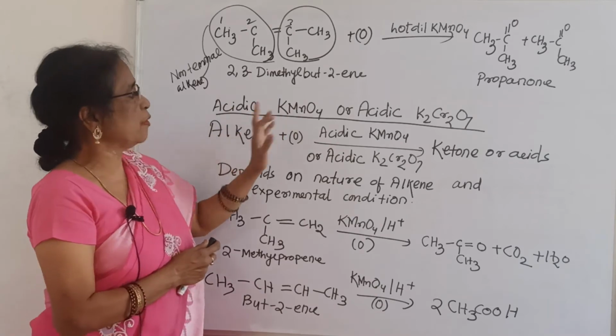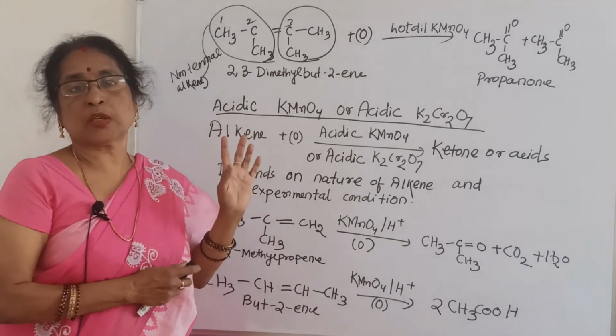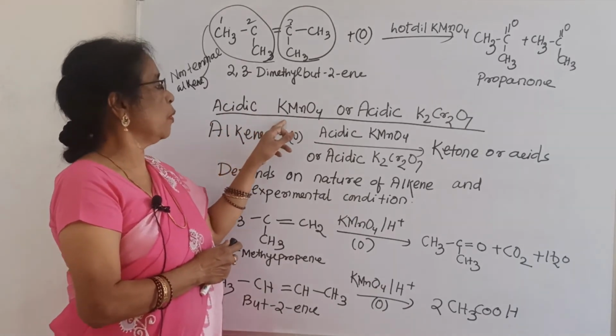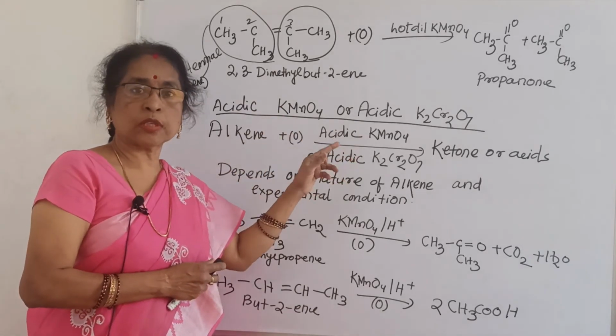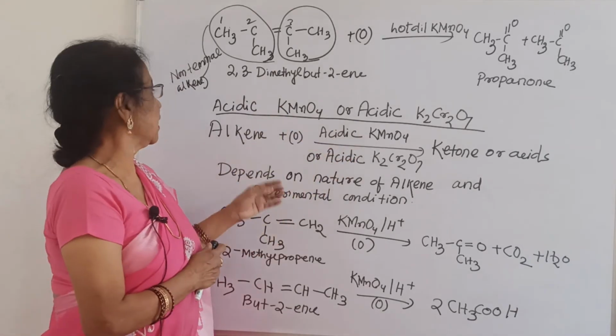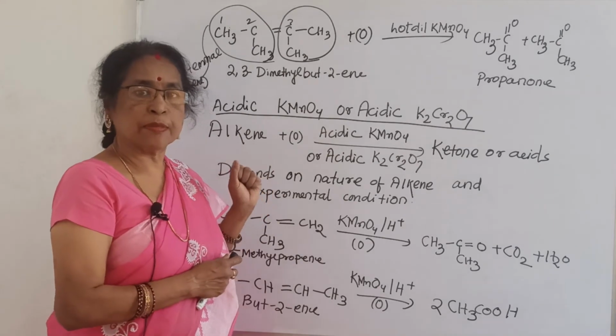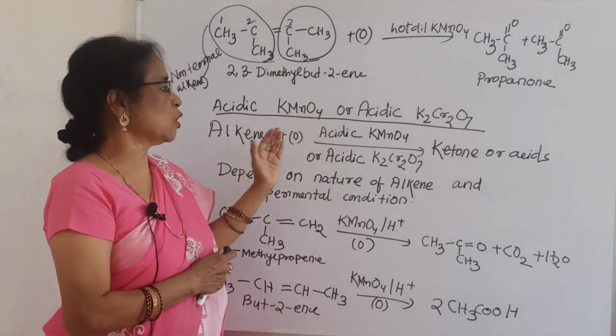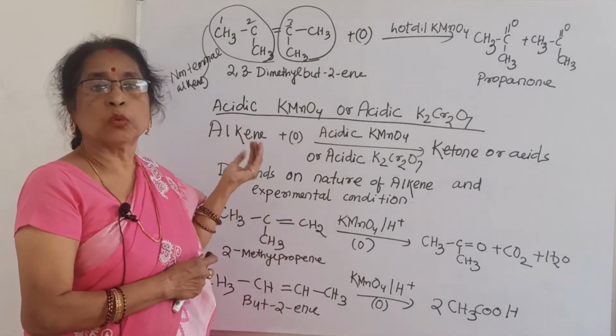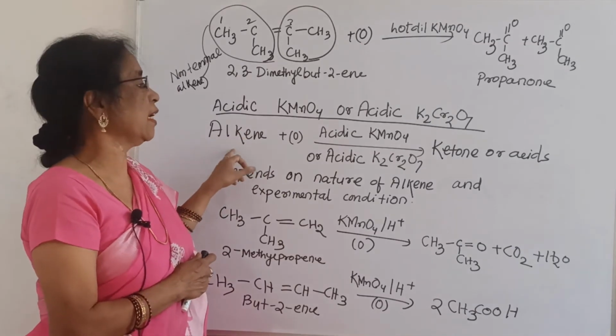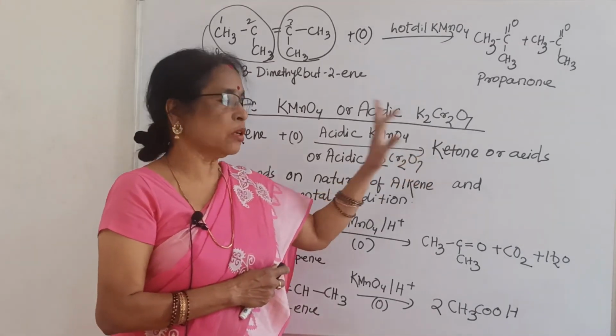Now acidic KMnO4 and acidic K2Cr2O7. KMnO4 and K2Cr2O7 are very good oxidizing agents. In the presence of mineral acid, according to the condition of the alkene, it forms ketone or acids.